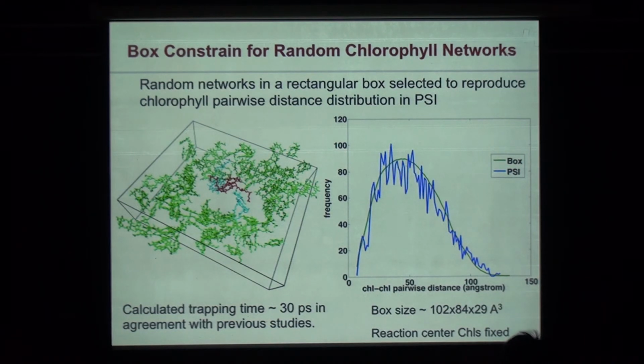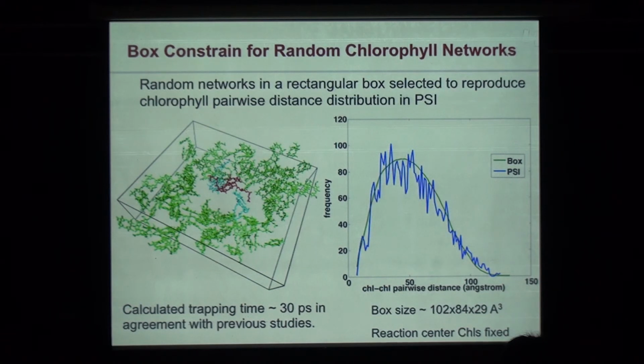So we carefully select. This is the PS1 chlorophyll arrangement, and this box is the one that we select to generate a random network within. We select this box because when we generate a random network in the box and measure the chlorophyll pairwise distance distribution, this green line here reproduces the distance distribution in PS1.